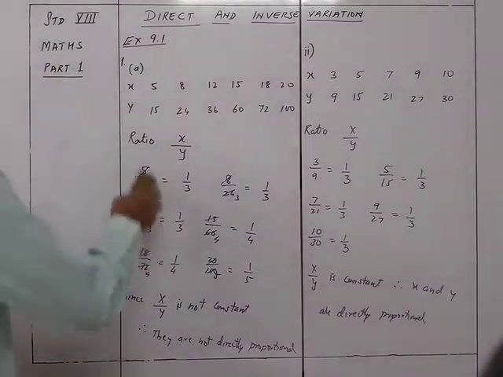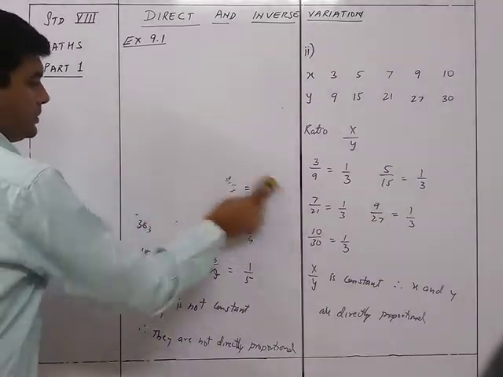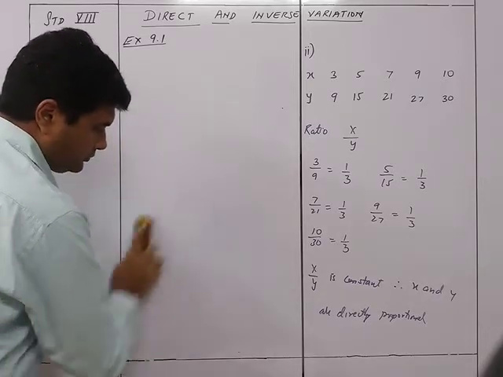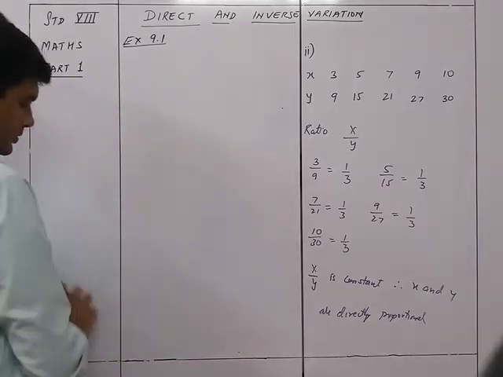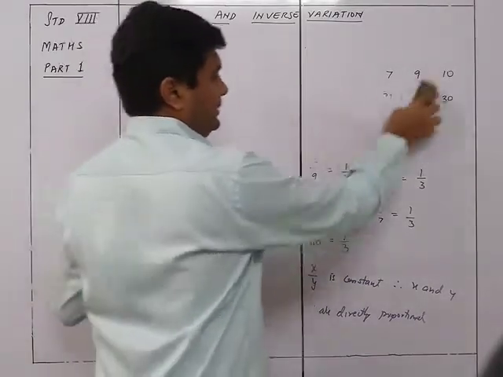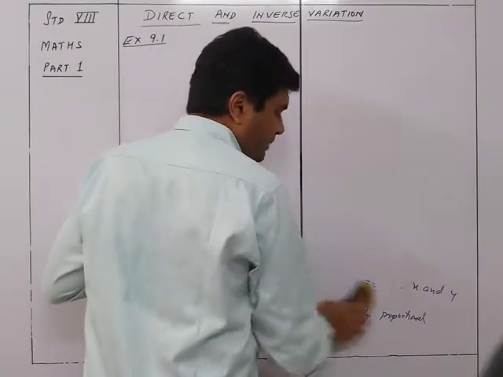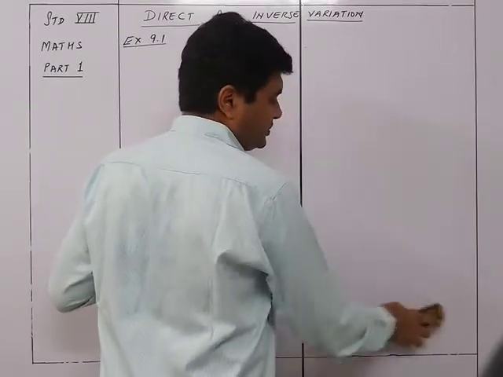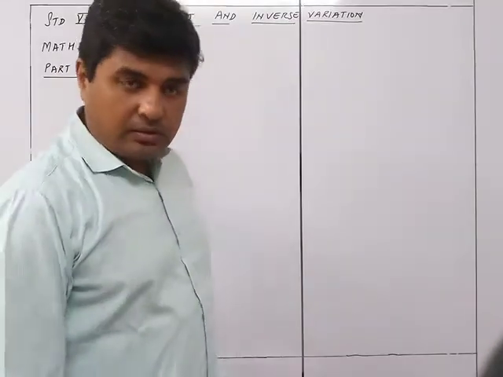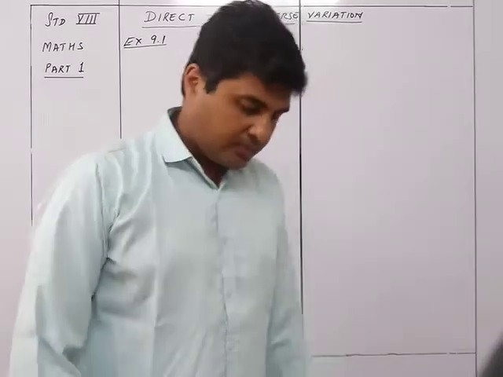Okay, quite easy ones. Remember that if the numbers given to you are not directly proportional, it does not mean that they are inversely proportional also. Neither are they directly proportional, nor inversely proportional.